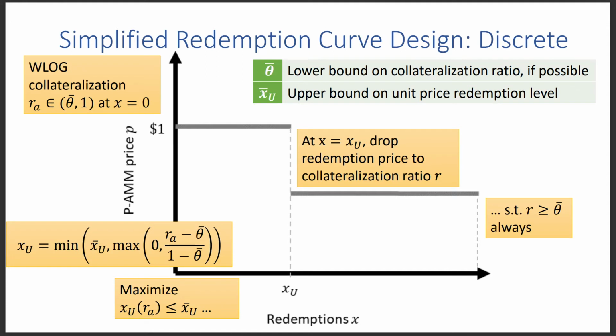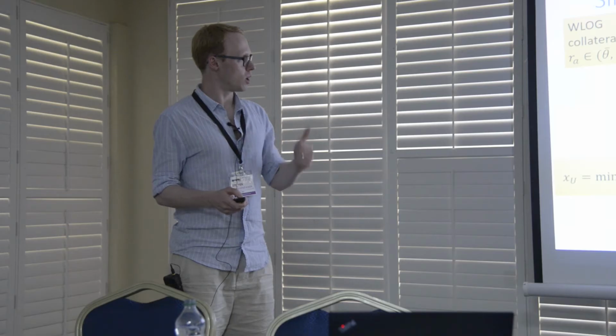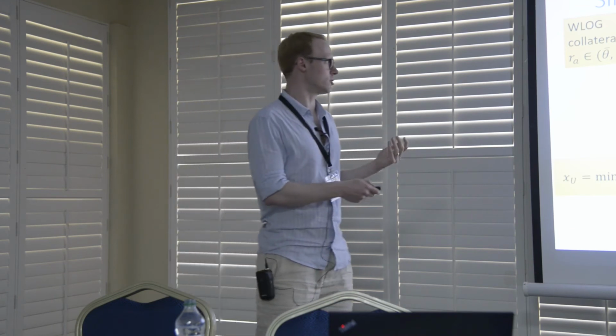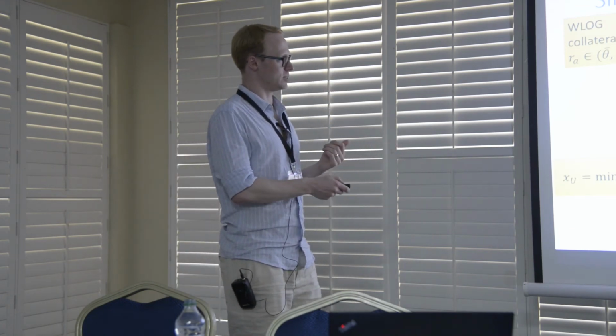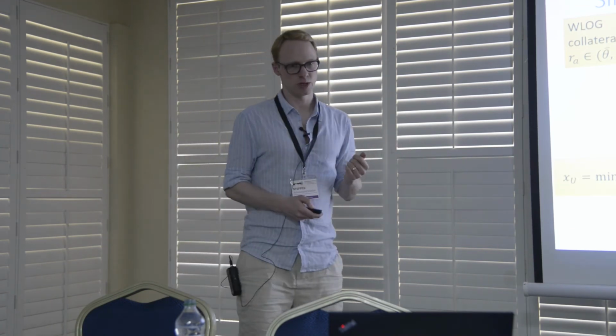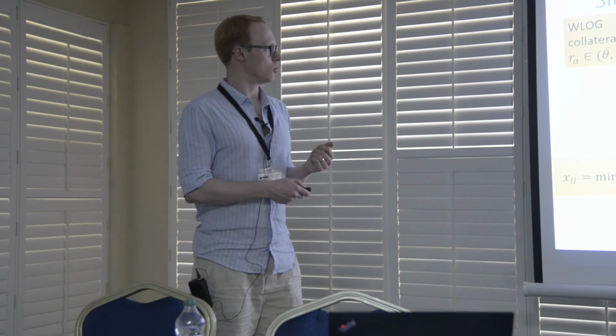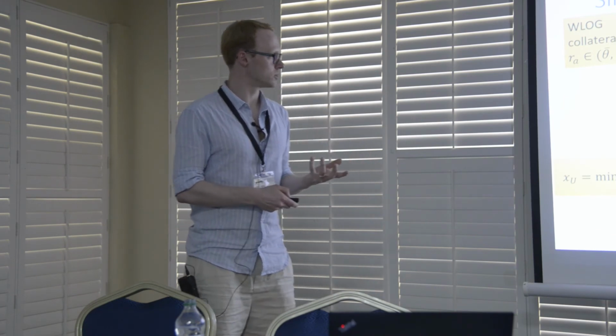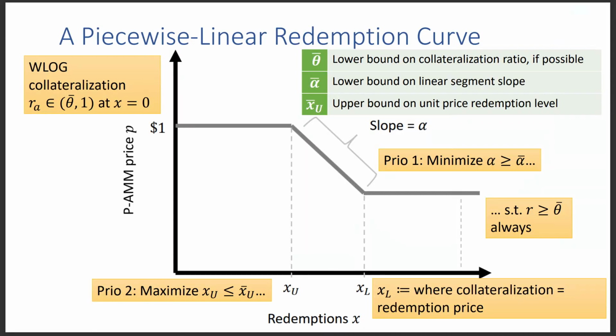Okay, and now we can check that this satisfies all of our desiderata, except for one, which is of course this annoying fact that this is very discontinuous. And this is something we don't like. So the solution we propose is a piecewise linear function that looks like this.